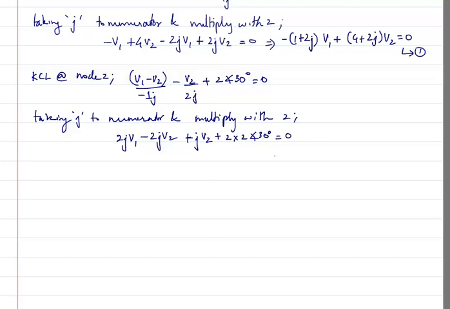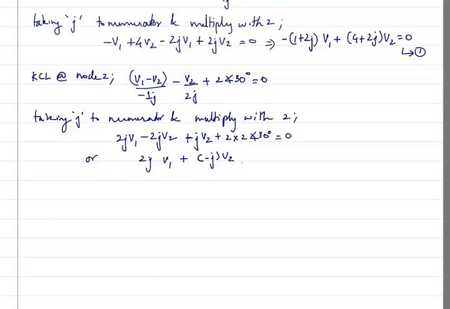From which I will get, for V1 I am having 2j V1, and for V2 I am having minus j V2.